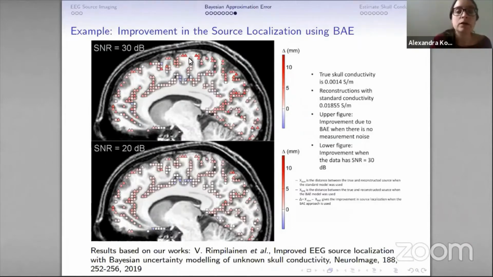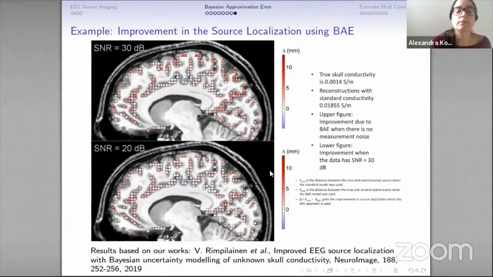And we see here for low noise, SNR of 30 dB, that it was quite good for many cases, especially for cortical, I would say superficial sources, compared to some deep ones where we didn't see improvement. And in the second case, we have a low increase in noise.